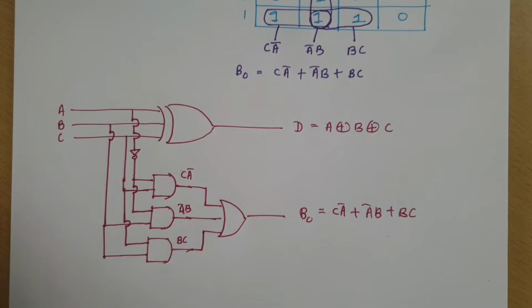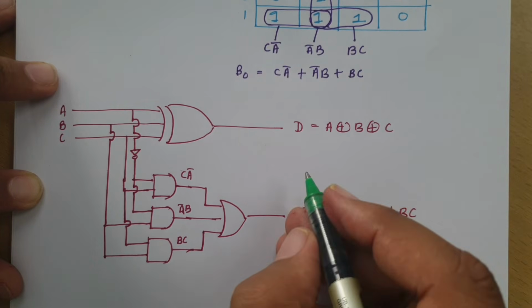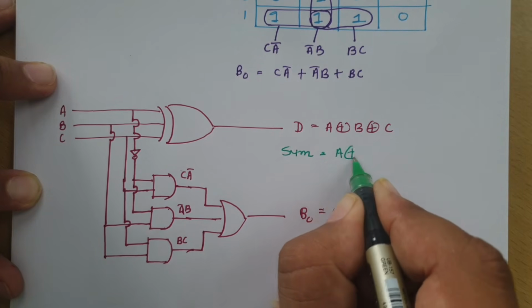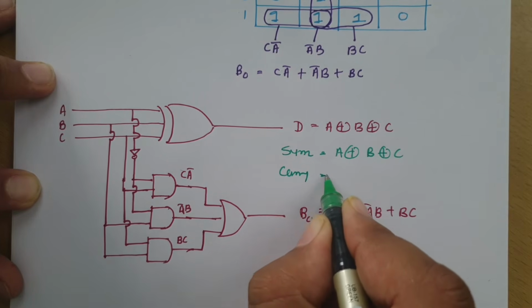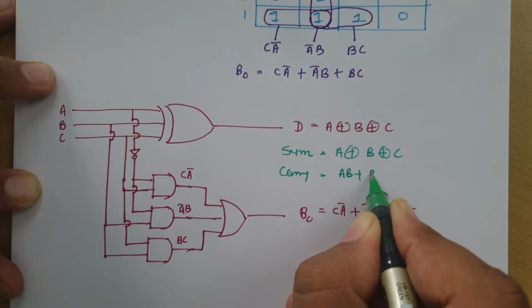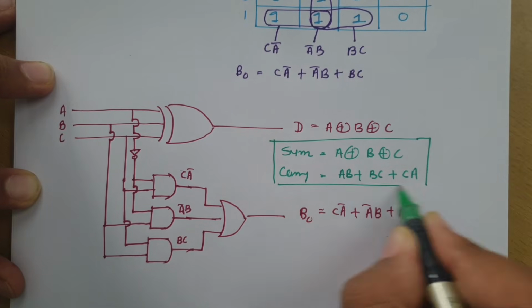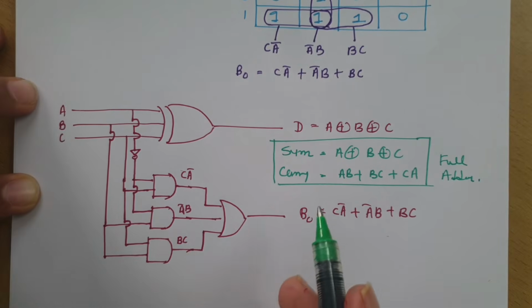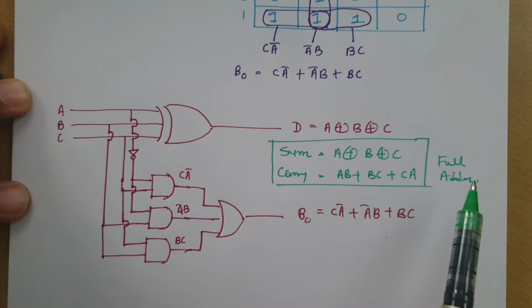Now one thing we need to notice: this is the full subtractor output. If you compare it with the full adder output, in the full adder the sum is A XOR B XOR C, and the carry is AB plus BC plus CA. If you observe the difference, sum and difference are the same in the full adder and full subtractor.